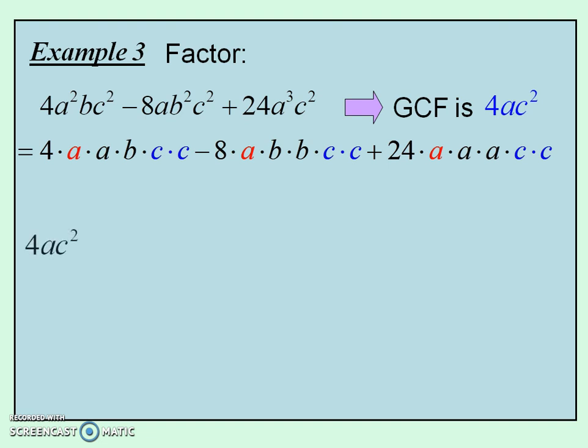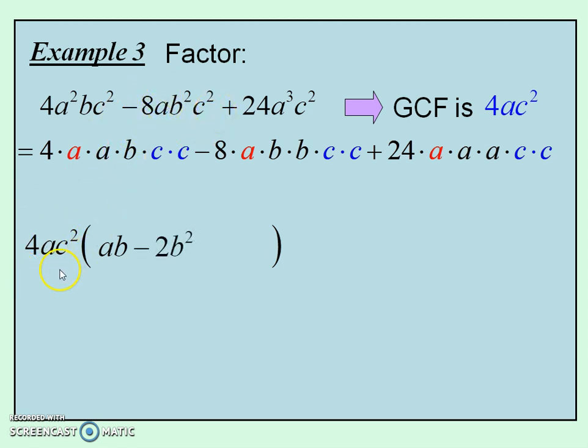So I'd write my GCF outside. In my bracket, I'll have my first term divided by 4AC squared. 4 divided by 4 leaves me with 1. I don't even have to write that. A squared divided by A is A. C squared divided by C squared cancels, and the B didn't get divided at all, so it stays there. It's AB. My second term, negative 8 divided by 4 is negative 2.